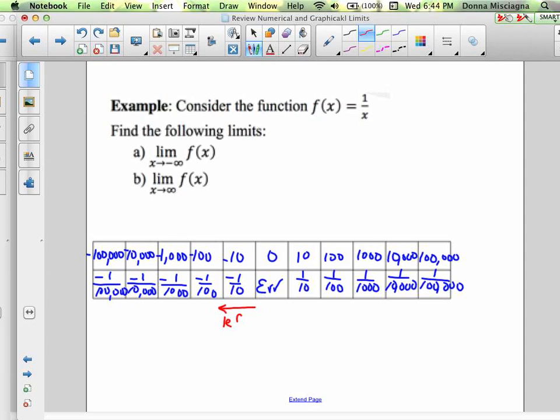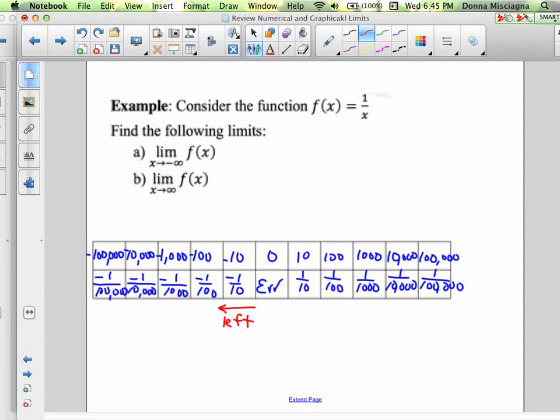And we're looking as x grows without bounds in the negative direction. So notice, yes, these numbers are all negative, but notice they're getting smaller, right? Getting closer to the line y equals 0, right? So negative 1 over 100 is closer to the x-axis.